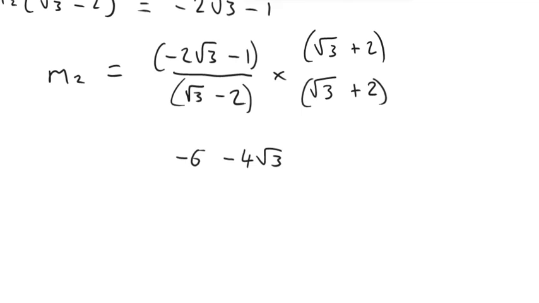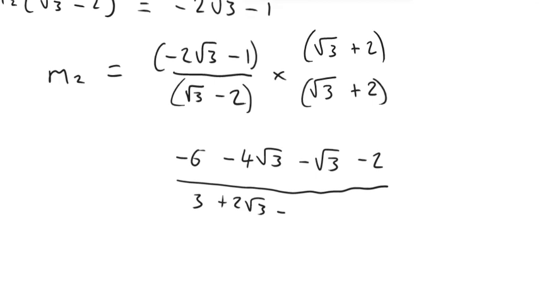Minus 1 times root 3 is minus root 3. And then minus 1 times 2 is minus 2. On the bottom we get root 3 times root 3 is 3. Plus 2 root 3 minus 2 root 3. Those ones will cancel out. They always will if we rationalise properly. Minus 4. So we get minus 1 on the bottom.